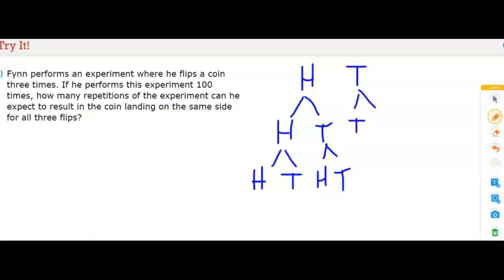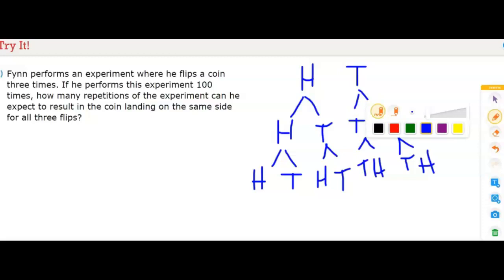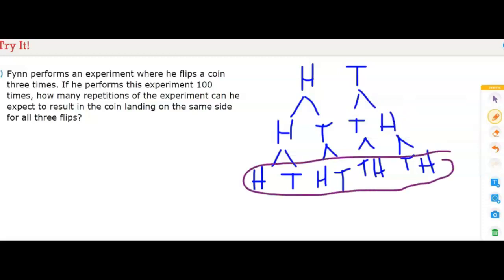You have your tails or heads, then tails or heads for the 3 flips. And so the total number of possible outcomes here is 1, 2, 3, 4, 5, 6, 7, 8.